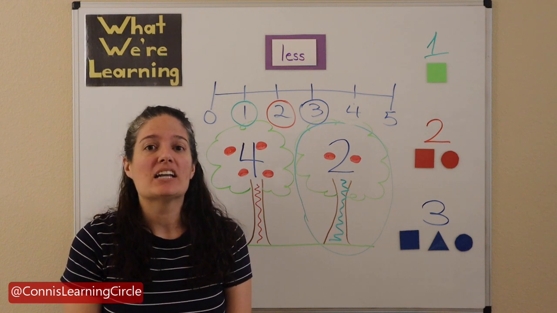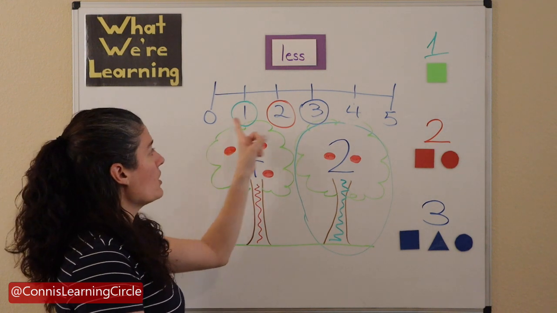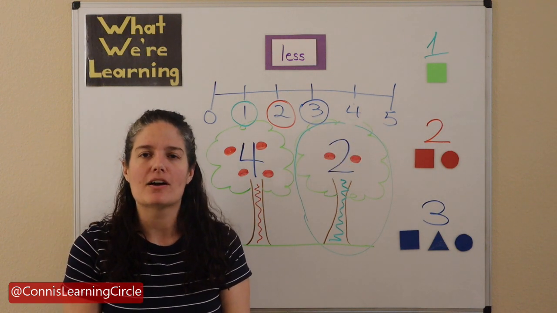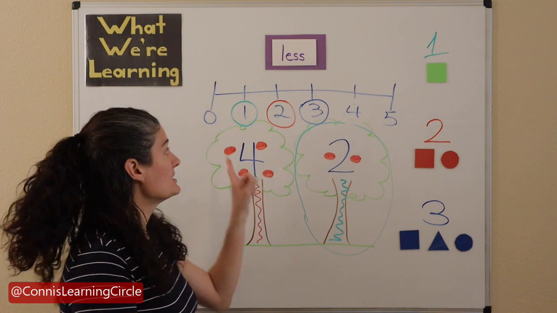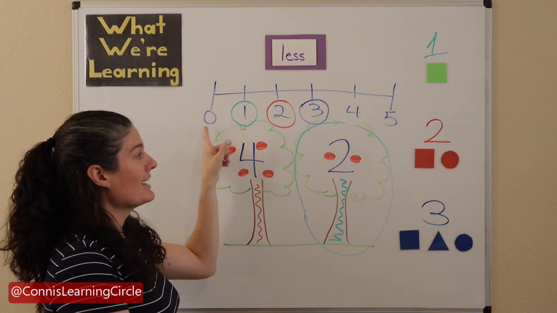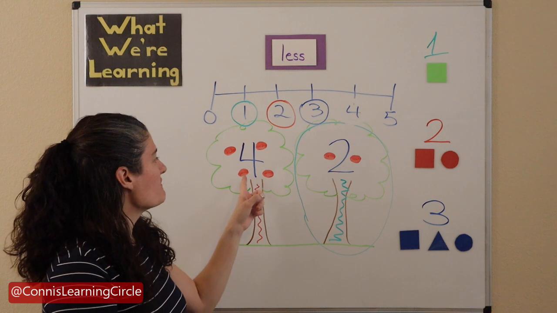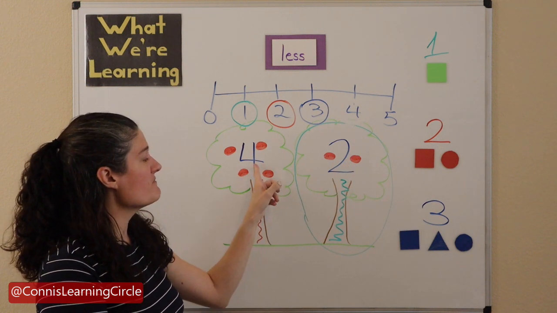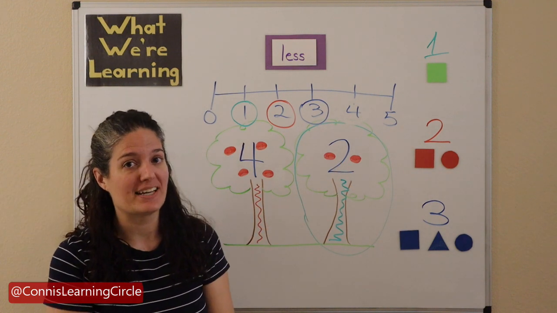And we can look at our number of things and put it on our number line to help us see how close our groups are to the number 0, because the closer you are to 0, the less it is. And you helped me see that we have 4 apples and 2 apples, and that 2 is less than 4 because 2 is closer to our 0 than 4 is.